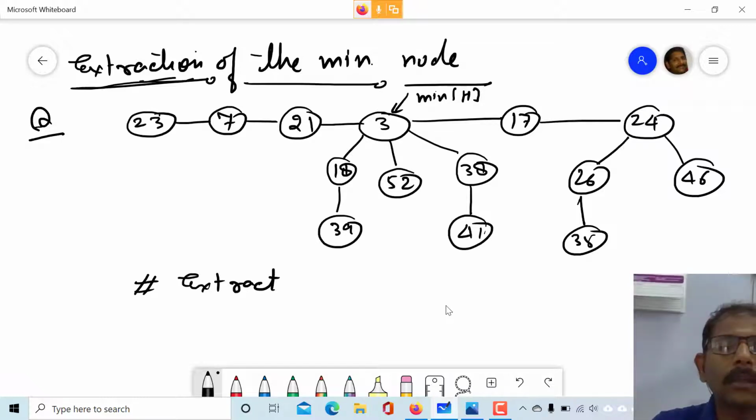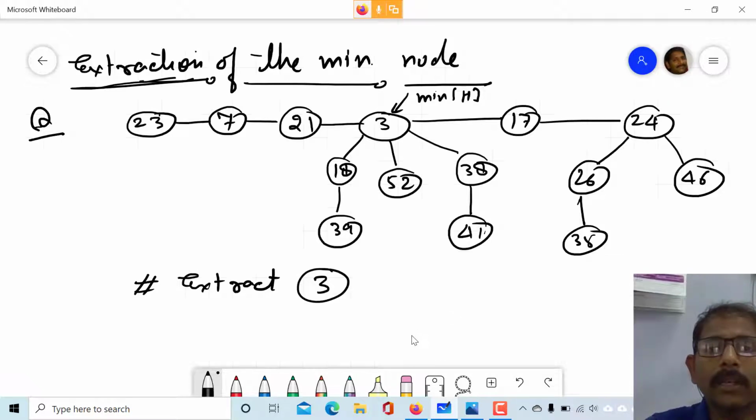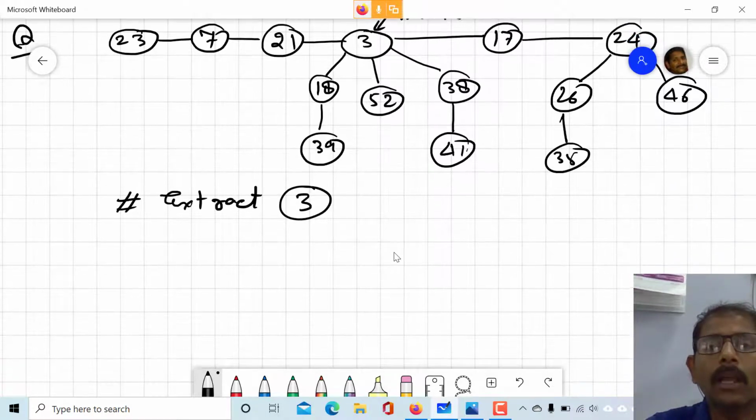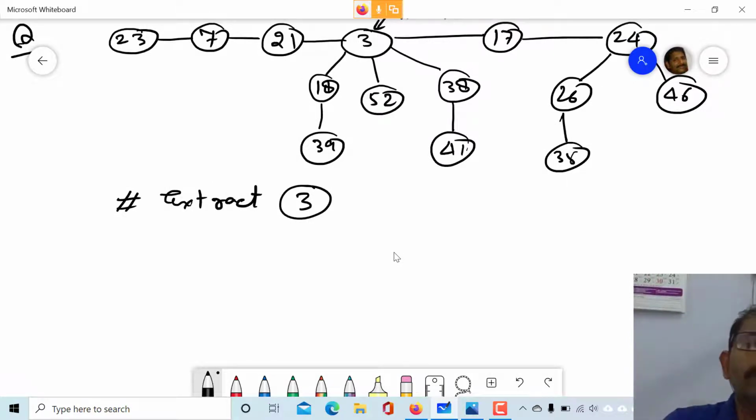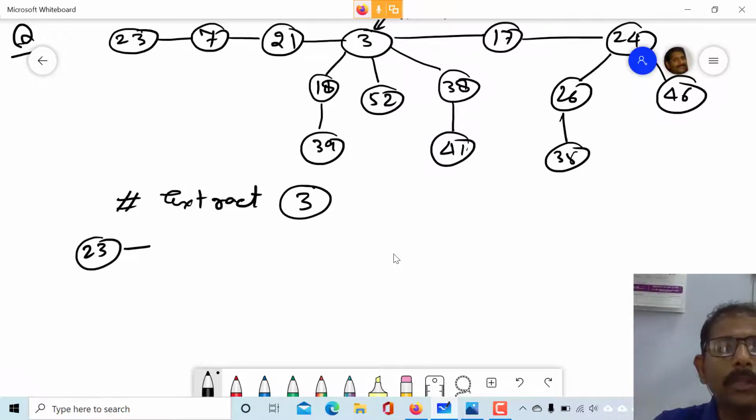If you have extracted 3, all the children of 3 will become root nodes. So the structure of the tree will now be 23, 7, 21, and here 18, 52 and 38.